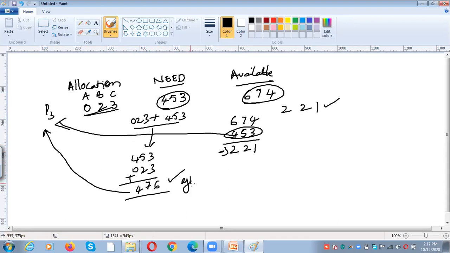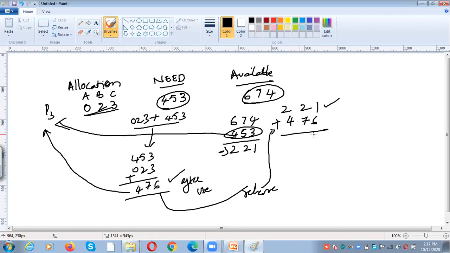After use, what will it do? It will release all the resources. So these resources will be free after use, and those resources will be added to available. After completing the task, you need to add those to available. So 7, 9, 6 are available.